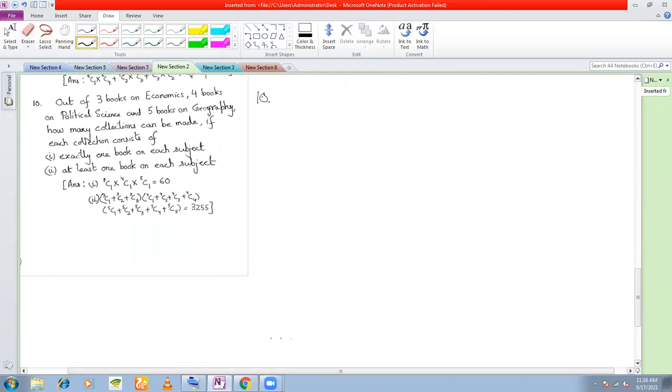Out of 3 books on economics, 4 books on political science, and 5 books on geography, how many collections can be made if each collection consists of, there are 2 parts you have, exactly 1 book on each subject and at least 1 book on each subject. So number of books on economics is equal to 3.